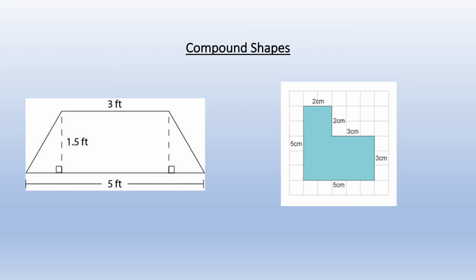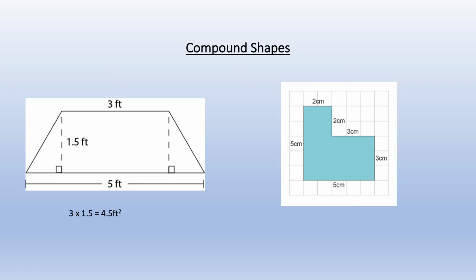Lastly, children are also taught to calculate the area of compound shapes by splitting the complex shapes up in a way that allows simpler areas to be calculated. So looking at our first example, we can work out the area of the rectangle, 3 feet times 1.5 feet, the height, and that equals 4.5 square feet.